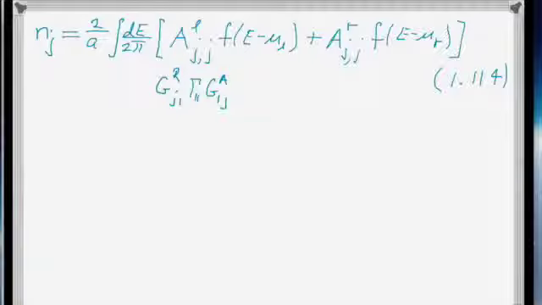And we're going to make the same substitution we did last time. For A right, we're going to write that as a full spectral function, A, minus A left.